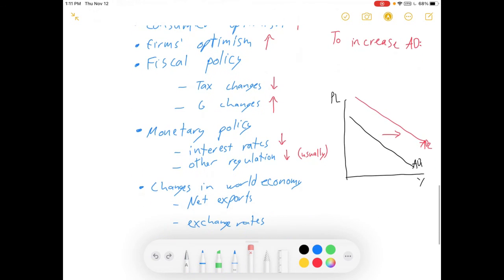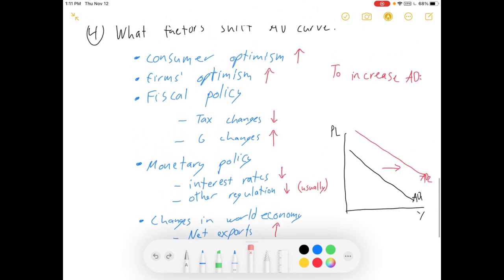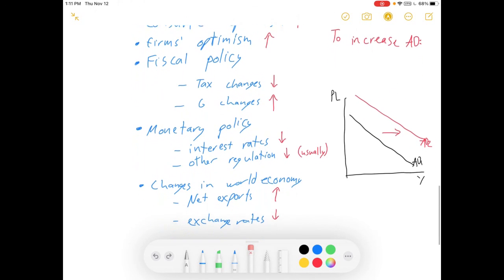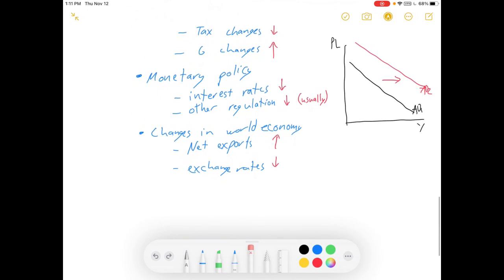Usually, there might be exceptions. You would want to see more exporting and less importing, and you would want to see a decrease in exchange rates. Any of these things can increase aggregate demand. And so you can probably get a sense that there's often going to be moving pieces, and this thing might not stay still for very long.